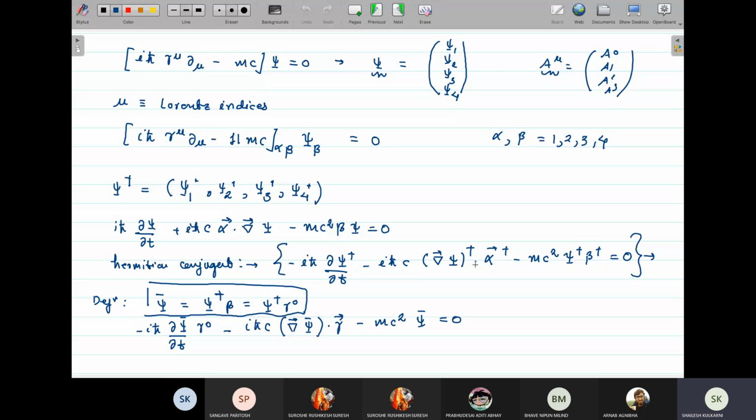This is correct. I have to subtract it, and this subtraction is the sign problem.